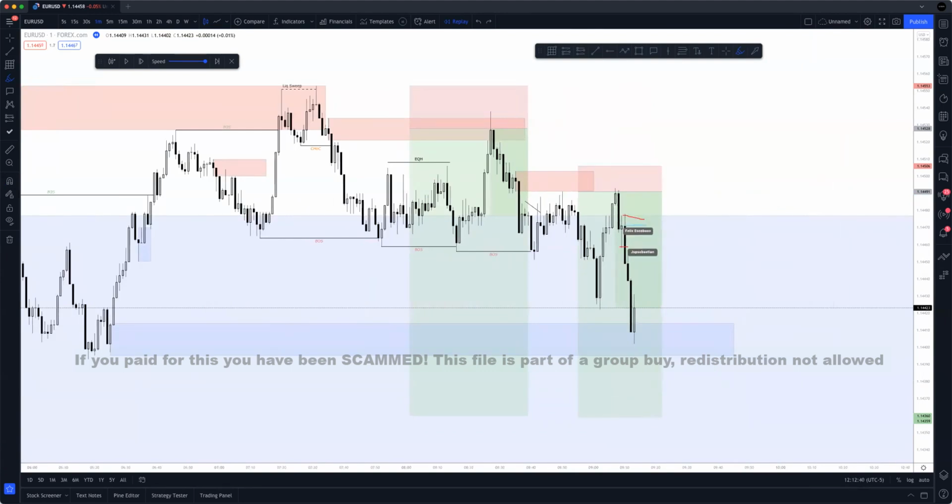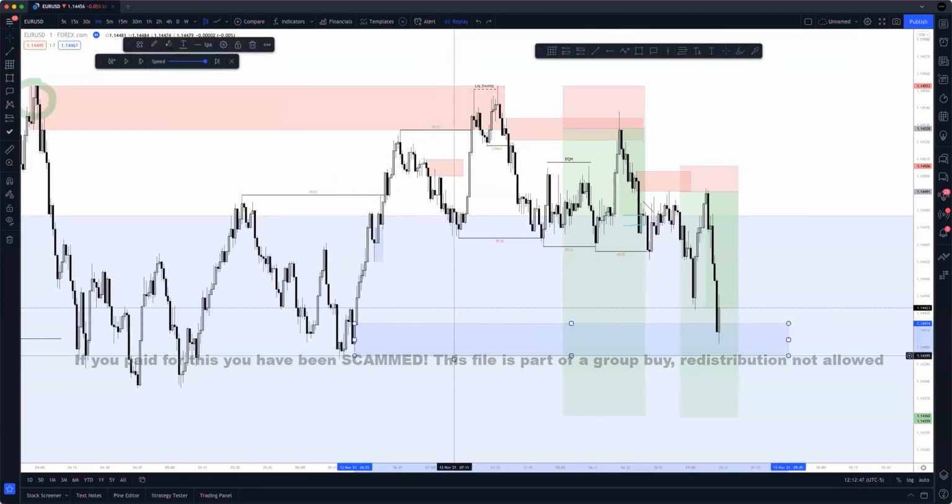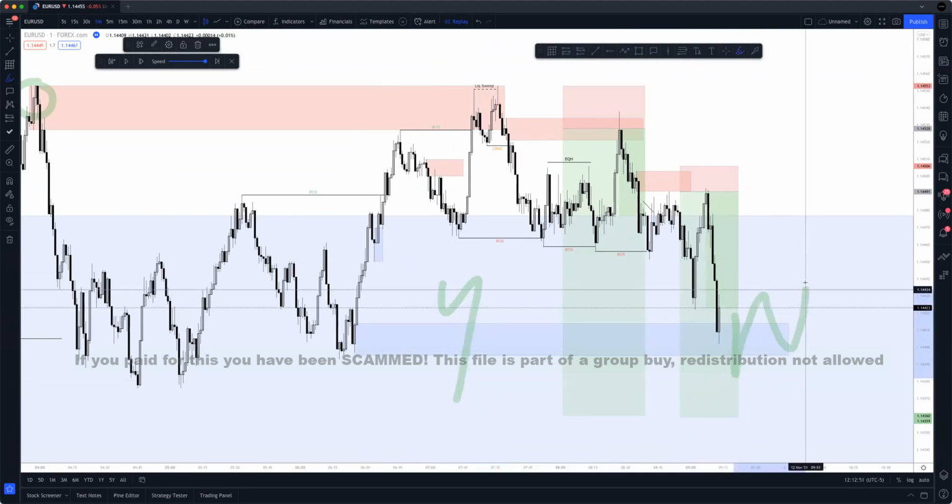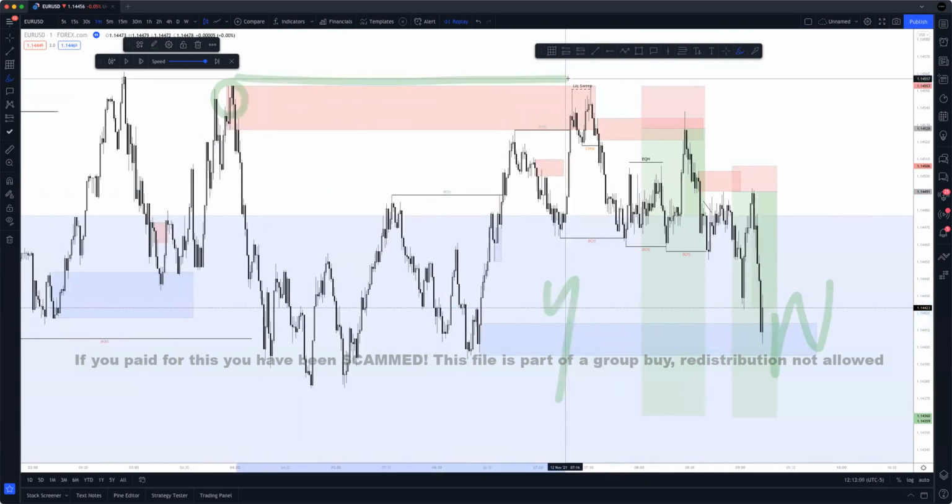Yeah, exactly. That's what I'm seeing. So if supply controls the market from here, and really this is not demand, correct? Do we agree, yes or no? Is this demand? Did we break structure?